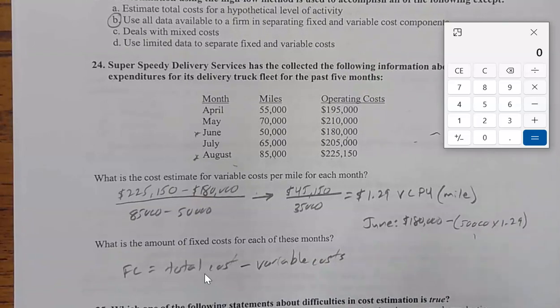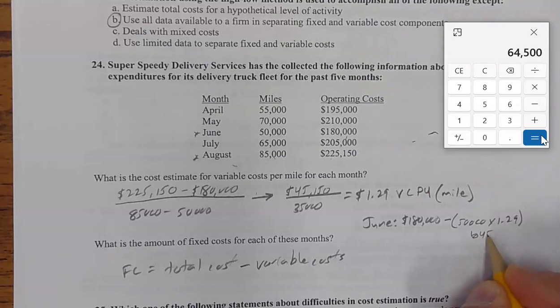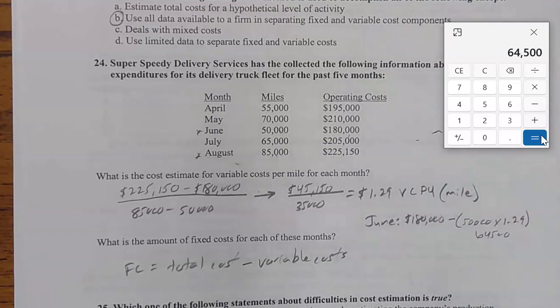We actually had that up on the calculator a moment ago. 50,000 times 1.29, 64.5. So let's start over. $180,000 total cost for June.